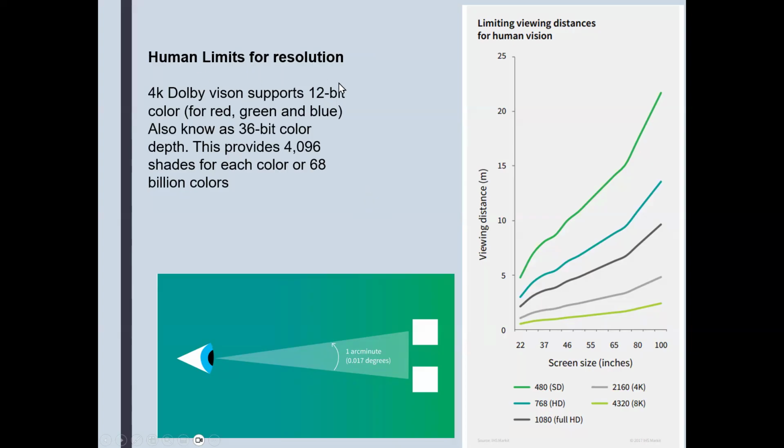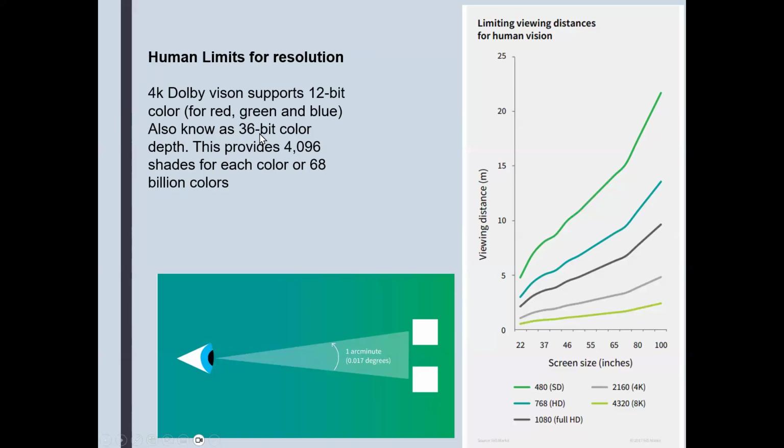Human limits for resolution. 4K Dolby Vision supports 12-bit color for red, green, and blue, the primary colors used in TV or monitors using light.